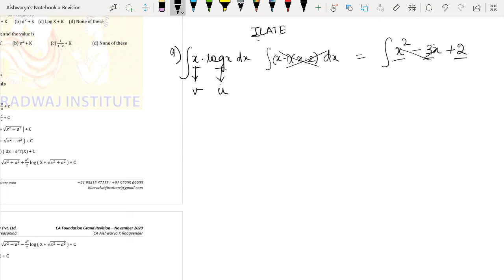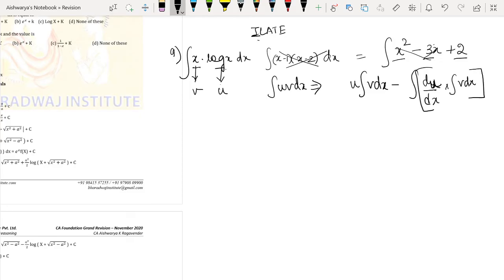And what is the formula? Integral uv dx is nothing but u integral v dx minus integral of du by dx, put this within a bracket, into integral v dx, close the bracket. Okay.